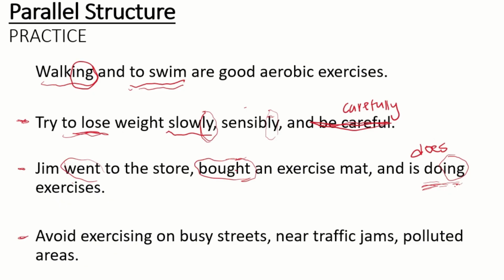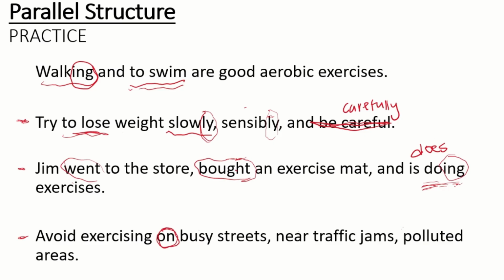It reads, avoid exercising on busy streets, near traffic jams, polluted areas. That doesn't even make sense. Yes, we are listing things, but when we get to the third one, we're missing something that the other two portions have when they're being listed. Can you see what it's missing? If you're like, it's missing a preposition, absolutely, folks. Good eye.